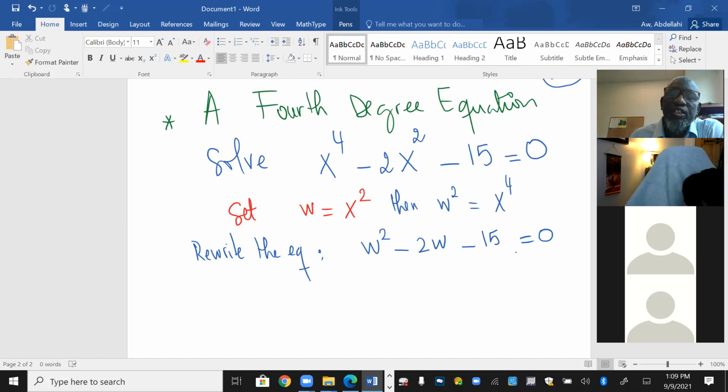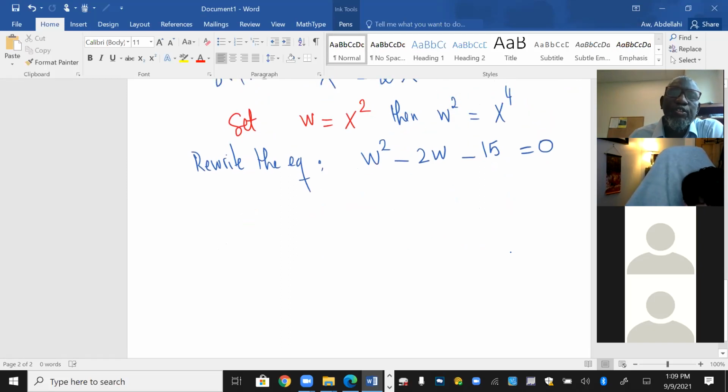Okay, so what method are you going to use for this one, everybody? Quadratic formula? Yeah. You could use the original one? You could, but the quadratic formula in general we don't apply except for the quadratic equation.